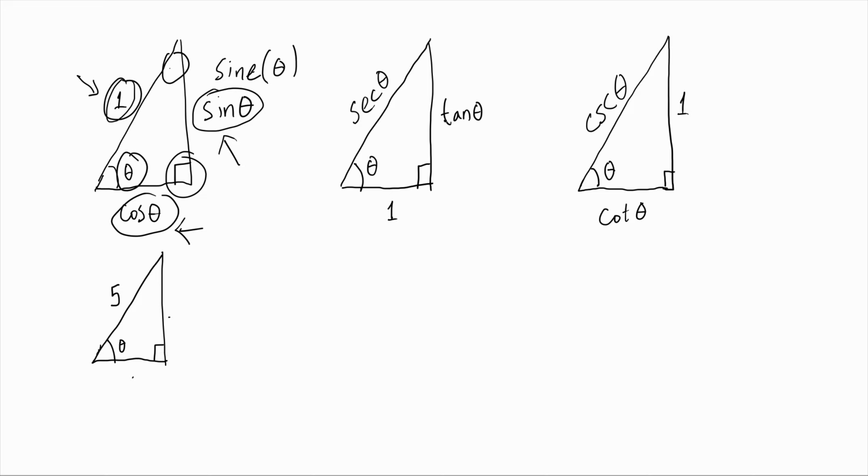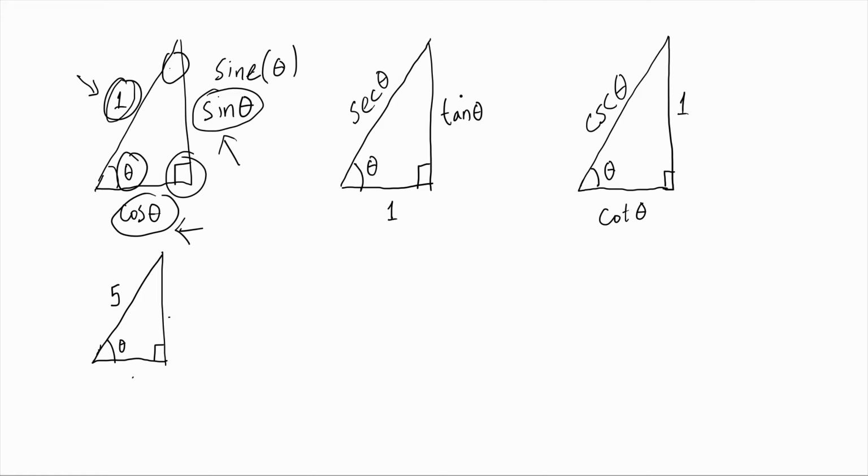This side we can just call tangent of theta. Of course, it's going to be a well-determined number for a particular theta. But notice how it depends on theta. If I change the angle theta here, I'm going to get a different length.